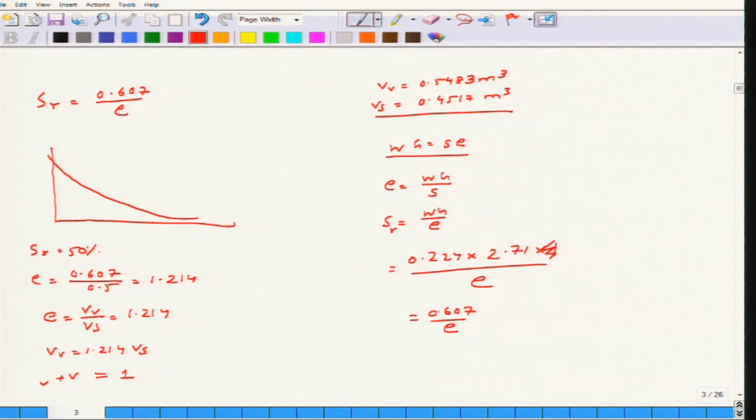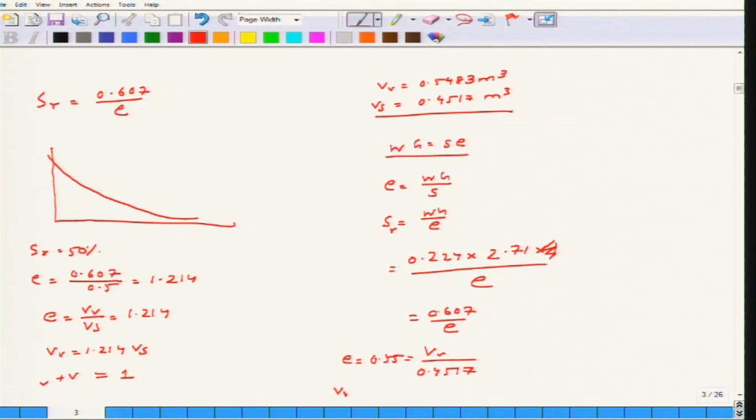When it is isotropically compressed, it means basically that the air, which has more compressibility than water, will be removed first, while the water will be removed second to the air. So in that case, when the isotropic compression is done, we find out that E is 0.55, equal to Vv by the volume of solids, 0.4517, that you already know.